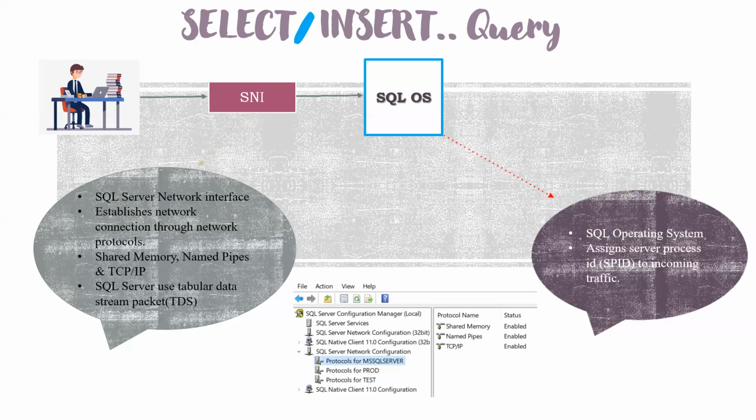So this SNI is a physical thing or logical thing? Physical only, right? Physical. What are we referring to as SQL Server Network Interface? Is it some kind of connection? Don't get hurried about the connection string.